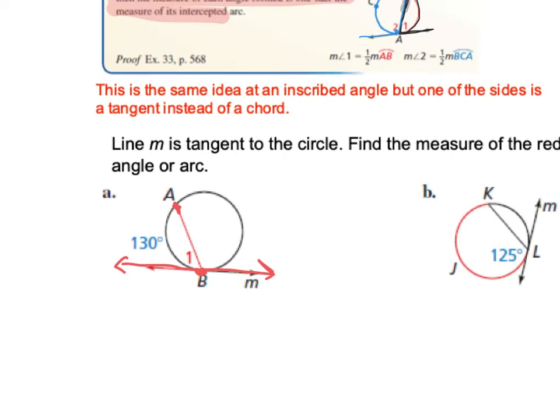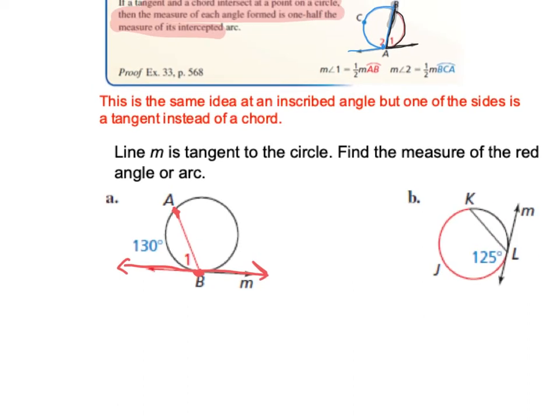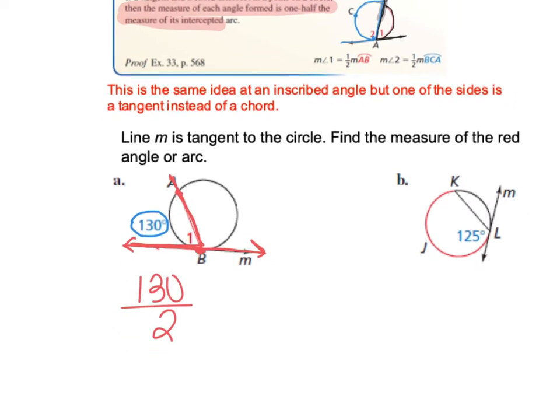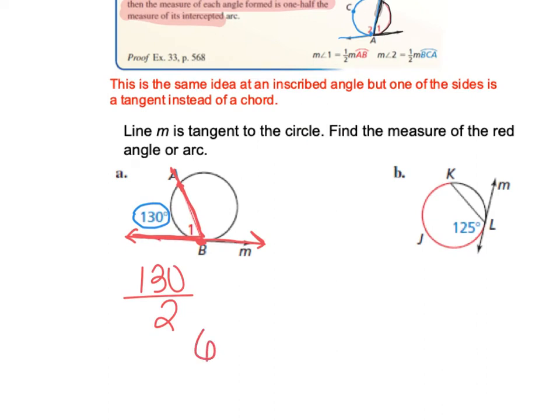If I have a 130-degree arc out here, and I am looking at this angle here, that tells me angle 1 is going to be 1/2 the measure of its intercepted arc. So it's going to be 130 degrees divided by 2, which is 65 degrees.